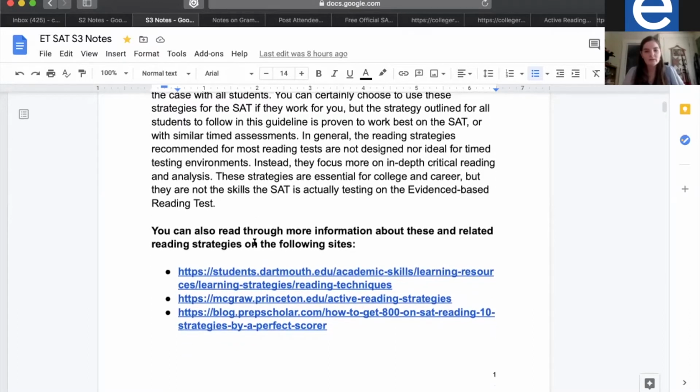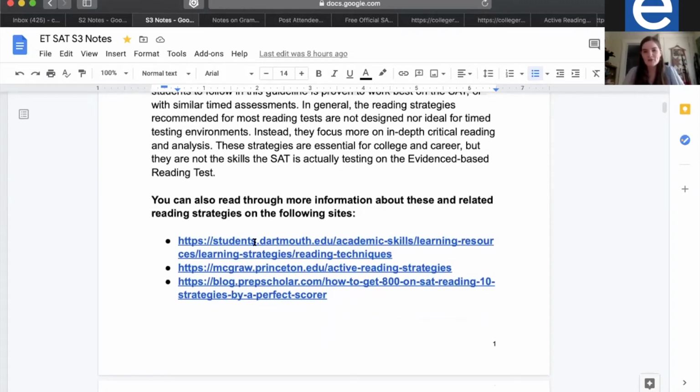Generally, the types of reading strategies that you learn about in school are not necessarily the best for a timed testing environment. In a timed testing environment, things like skim reading and scanning can be adapted for that.